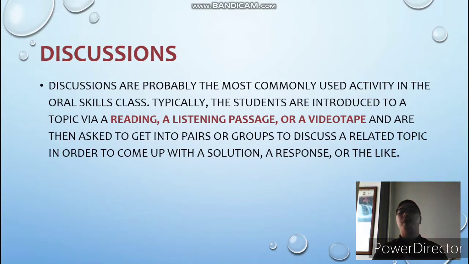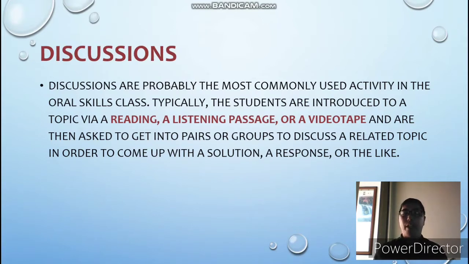So you present them a reading material, a text, a listening passage, or you ask the students to listen to a certain passage or to a video recording, to a downloaded video, and are then asked to get into pairs or groups to discuss a related topic in order to come up with a solution, a response, or the like. So that's the output.